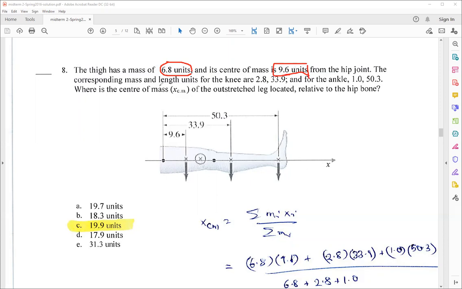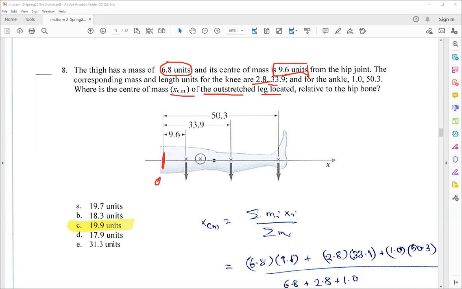Then you have the corresponding mass and the length for the knee, 2.8 and 33.9, and for the ankle, 1.0 and 50.3. Now, where is the center of mass of the outstretched leg located relative to the hip bone? Now, we're taking the hip bone, this one, as the 0, okay?